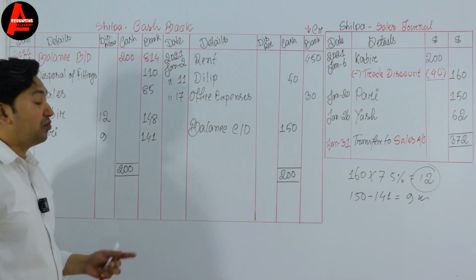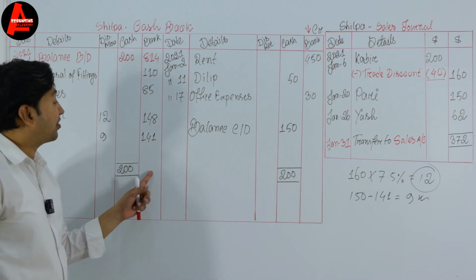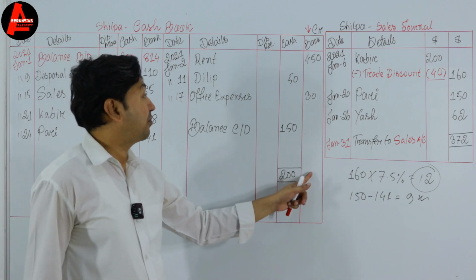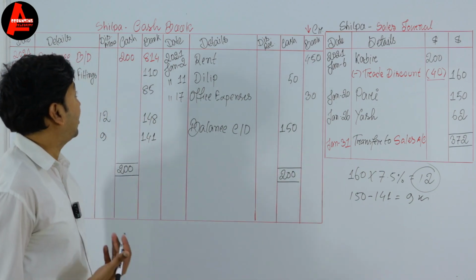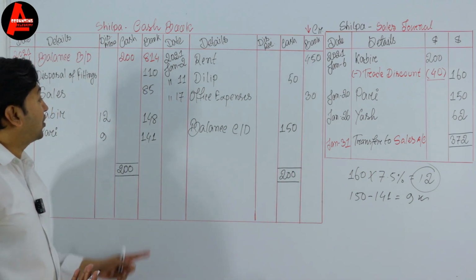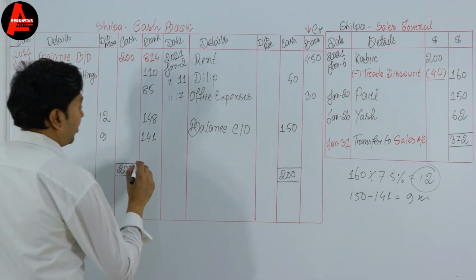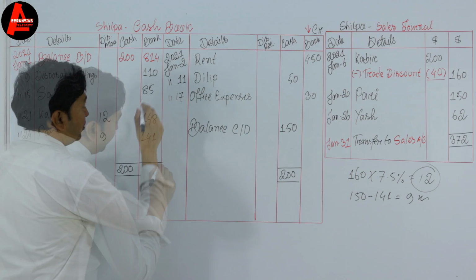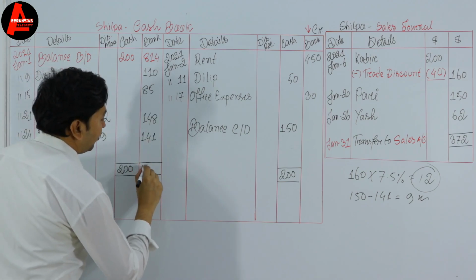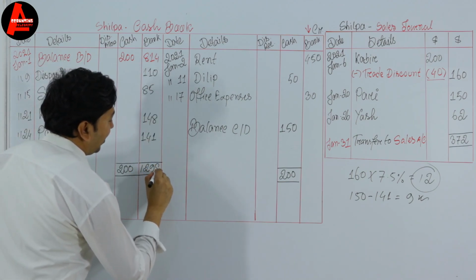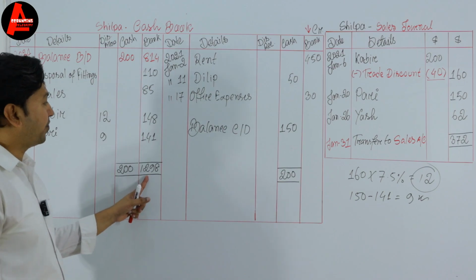Now we will compare the debit bank column to the credit bank column. Which column is greater in terms of value? We see the debit column is greater, so we will sum up the debit column first. The total is $1,298.